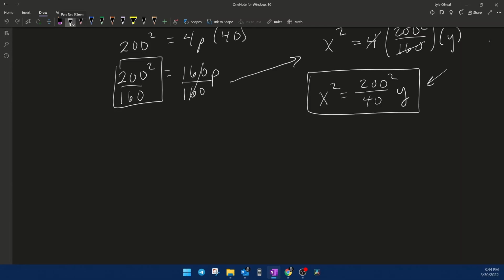All right, so coming back to the standard form of the equation of our parabola, we need to replace x with 100. That's going to give me 100 squared equals 200 squared over 40 times y. We will need to multiply both sides by the reciprocal in order to get y by itself.